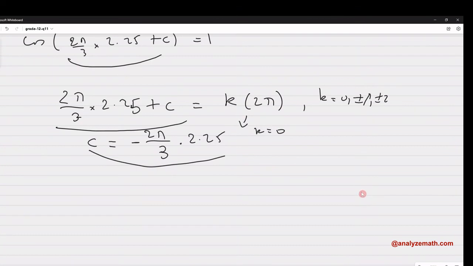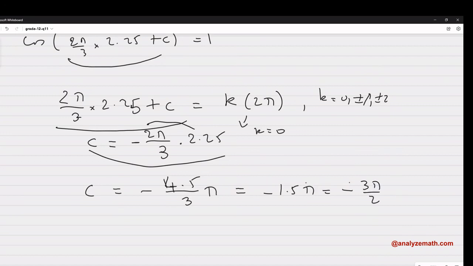Now let's write the 2.25 as a fraction. Okay, let's simplify this. C equal, now let's multiply 2 by 2.25. That gives me minus 4.5 divide by 3 pi, and this, when you divide, it will give you 1.5 pi, and it's equal to minus 3 pi over 2.